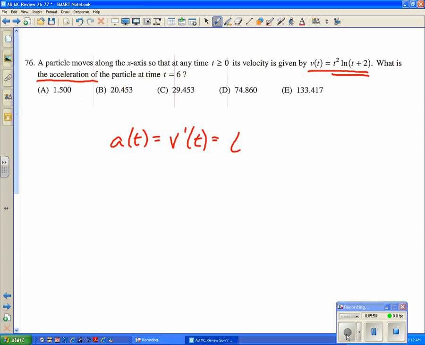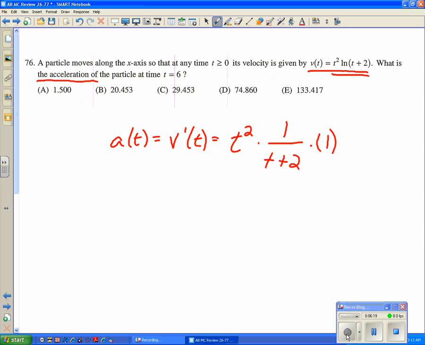So we're going to have to use the product rule. The first times the derivative of the second, and that would be 1 over t plus 2 times the derivative of the inside, which is just 1. Don't forget about that. Not really necessary here, but you might get into a situation where you need it.